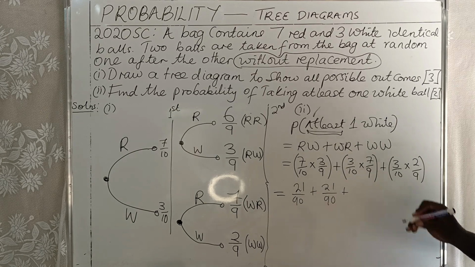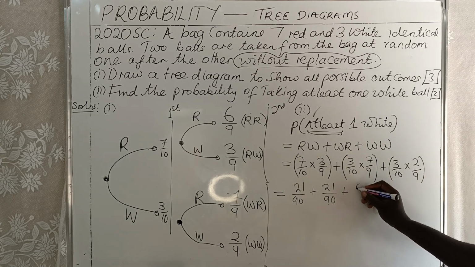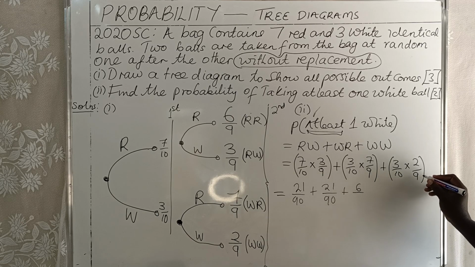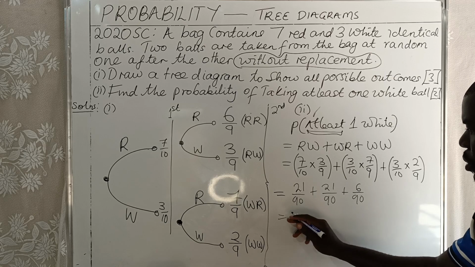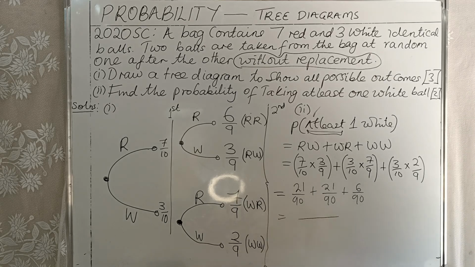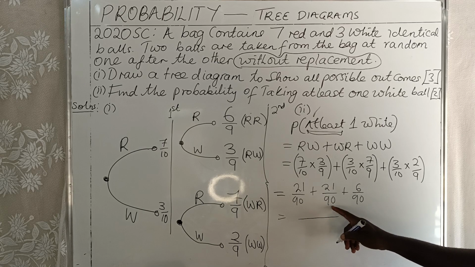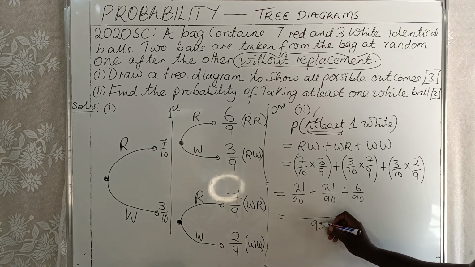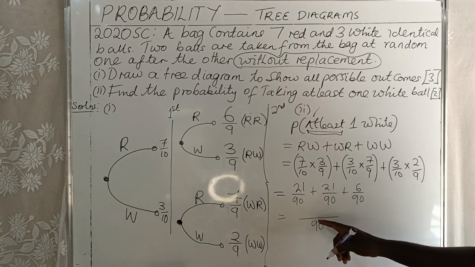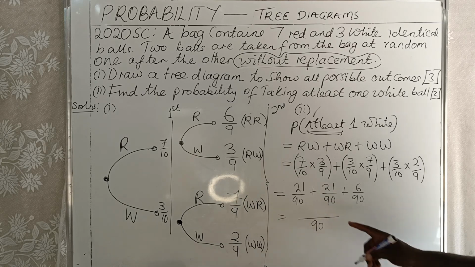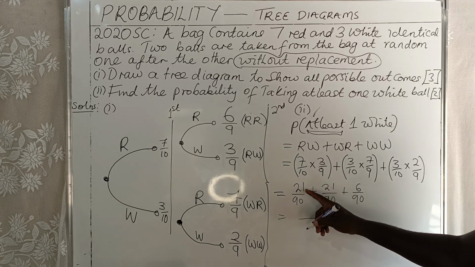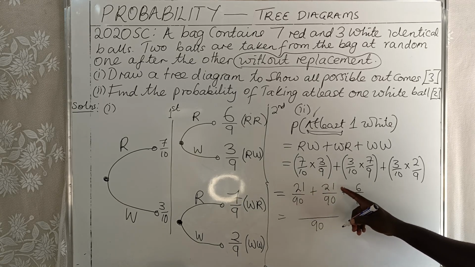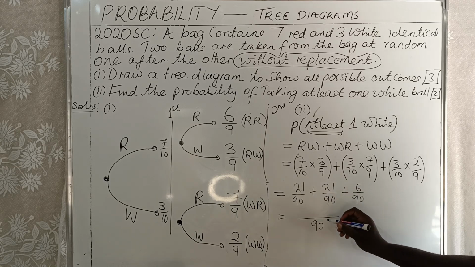Plus 3 by 2 we get 6, out of 10 by 9 we get 90. So we need a common denominator. Common denominator is 90. And since the denominator is the same, you can just go on and add the numerators. 21 plus 21, this is 42, plus 6, this will give us 48.